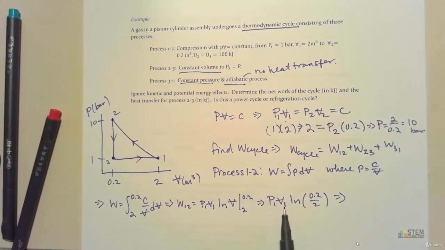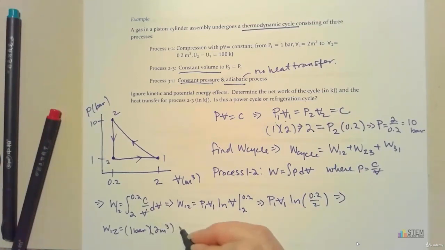Let's go ahead and plug in P1 and V1, check our units, because remember we want kilojoules. P1 is 1 bar, V1 is 2 cubic meters. Now this is bar and then cubic meters. We don't want that. We want to get rid of bar. So that's going to be the conversion 10 to the 5th Newton per meter squared over bar. And then we want to go to kilojoules.